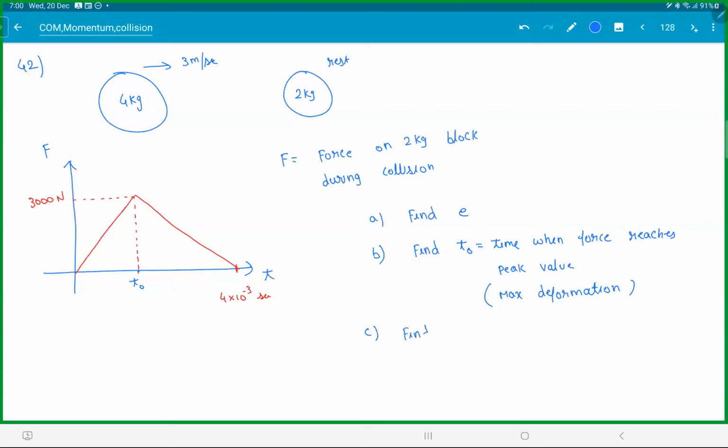Find max deformation energy. Hope the question was clear. Anyone not clear with the question, please ask me.